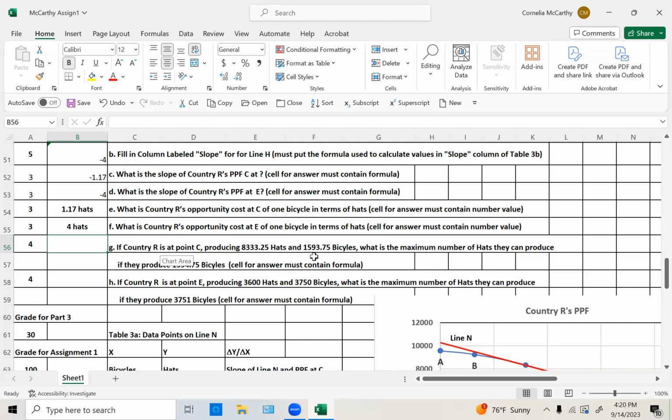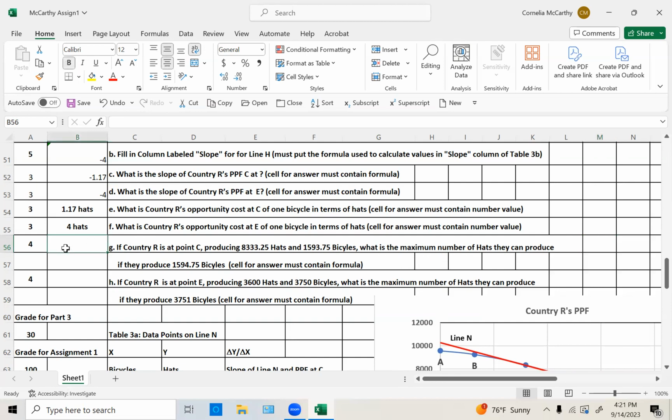If you're producing 1,593 hats, 0.975 bicycles, and then you say that you want to produce 1,597.75 bicycles, you can see that we've increased the number of bicycles by 1. If this is the number of hats at that point that we're producing, how many hats can't we produce to get this one more bicycle? Well, we have the answer right here.